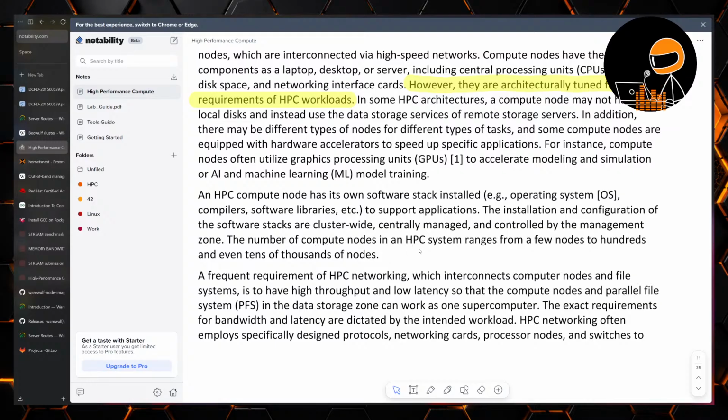The number of compute nodes in an HPC system ranges from a few nodes to hundreds and even tens of thousands. Okay, so there's some things that I learned today, which is like runtime commands and the cycle of what it takes to send out a command to thousands of different servers at one time.